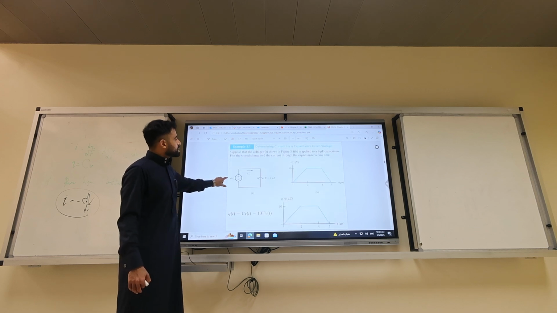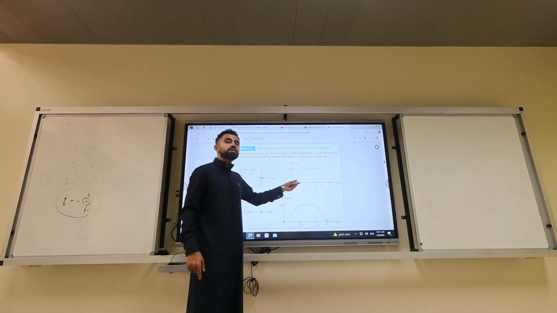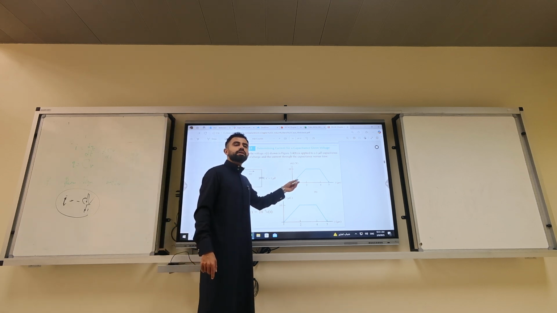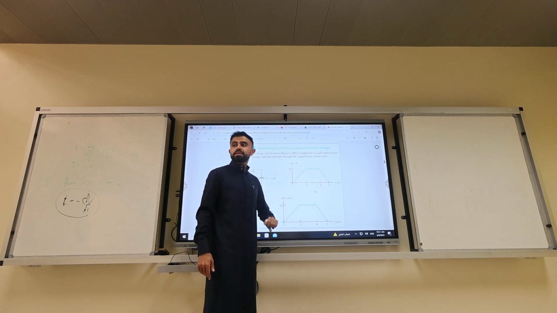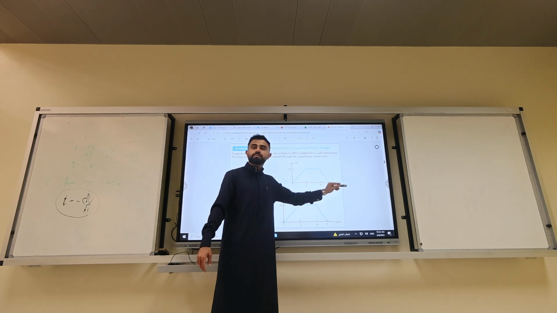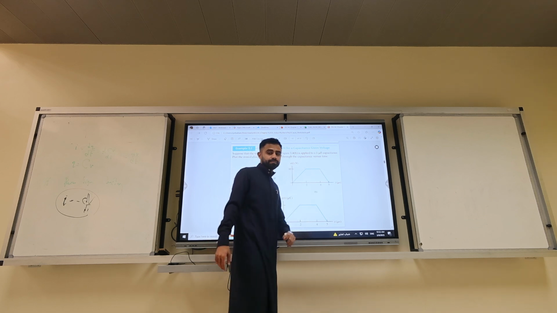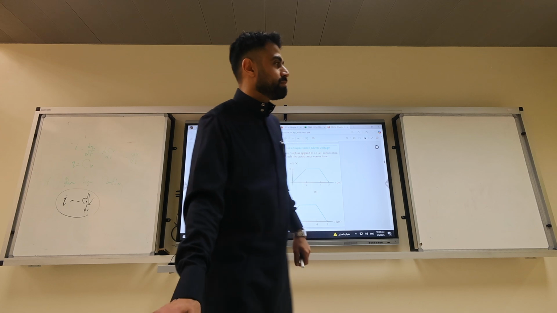Let's do a simple example. Suppose that the voltage is this. Is it DC or AC? AC. Is it alternating current or direct current? It is alternating because the voltage, not current, the voltage changes its value over time. It's not like the battery, 5 volts all the way. Okay, Hatem?